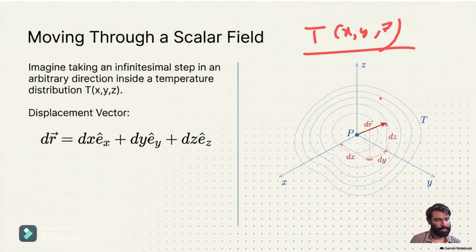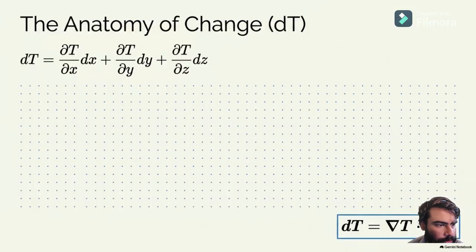Now if you change your displacement a little bit, a very small change, that is called an infinitesimal step, and we write this vector as dr. A very small change in the x, y and z axes gives you this displacement vector.